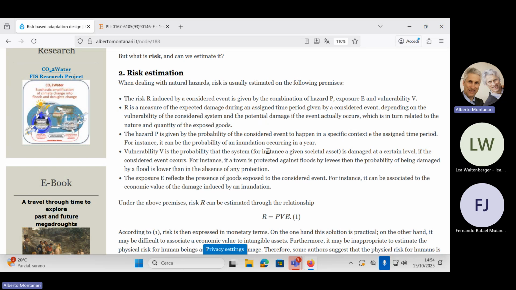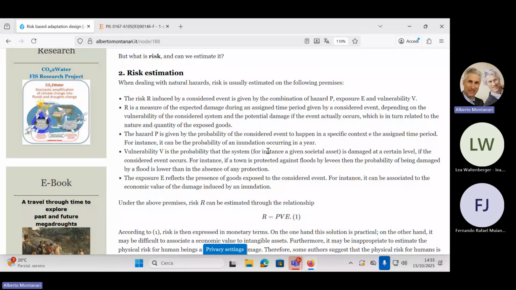monetary units. Okay, and then you can easily understand that if P is the probability of the event occurring in 1 year, P is the probability that the building is destroyed, E is the value of the building.